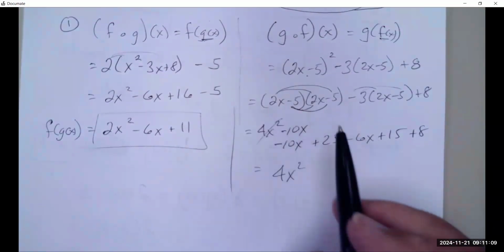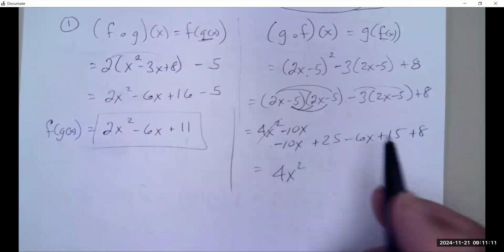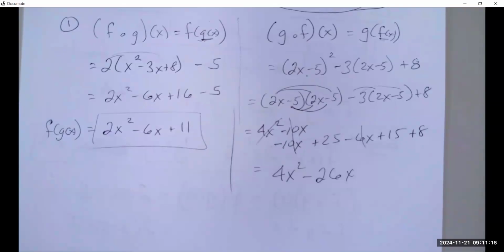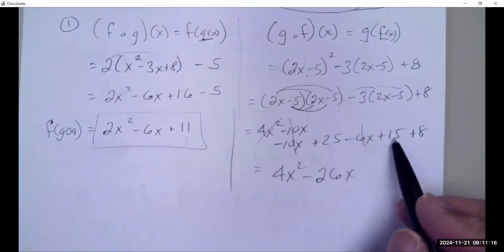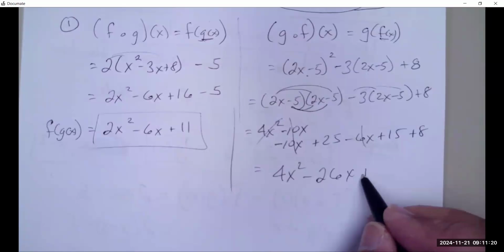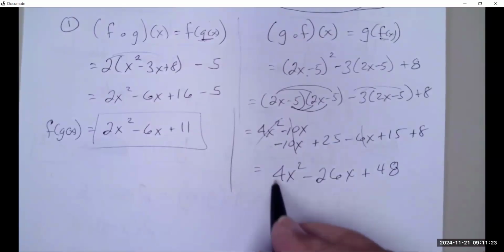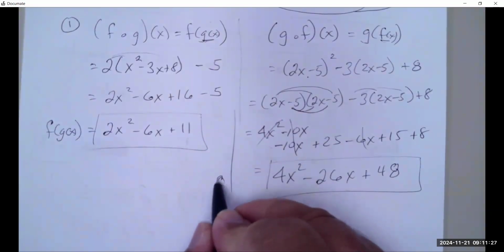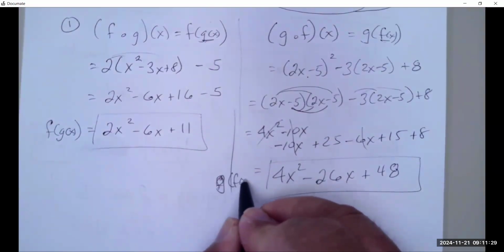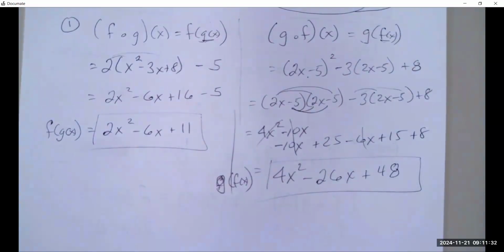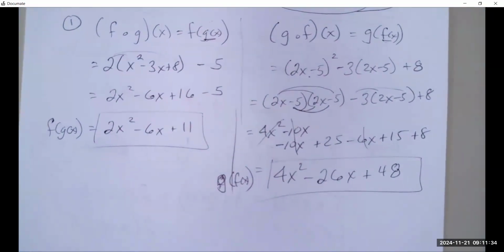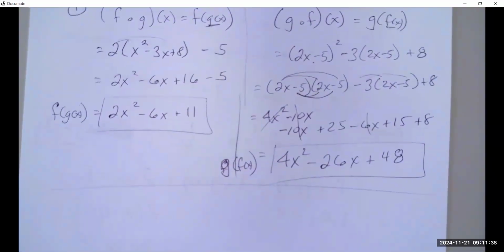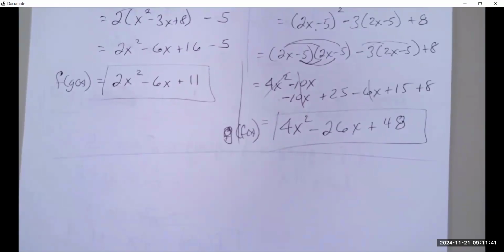Negative 10, negative 10, negative 6 is negative 26x. 25 plus 15 is 40, plus 8 is 48. So there's my composite function of g of f of x. Any questions about that?